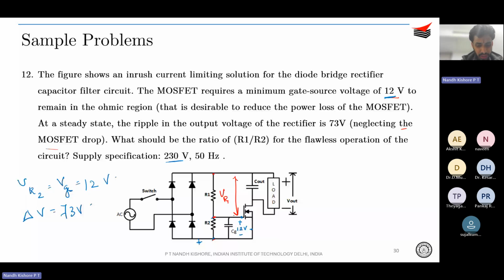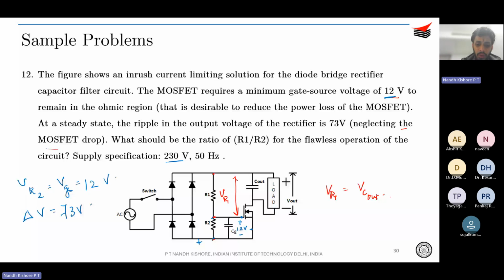If you neglect the voltage drop, then what would VR1 be? VR1 would be equal to your VC out, which is your V out. So the question is, what should VR1 over VR2 be for flawless operation of the circuit?